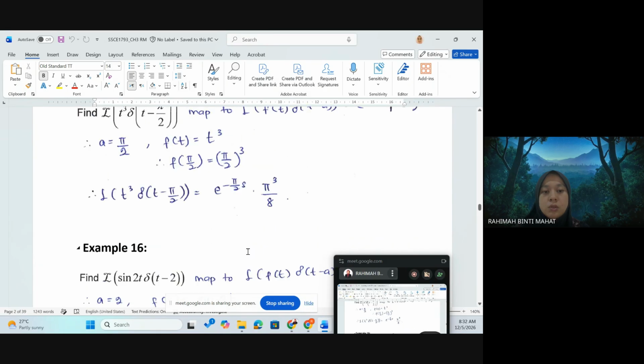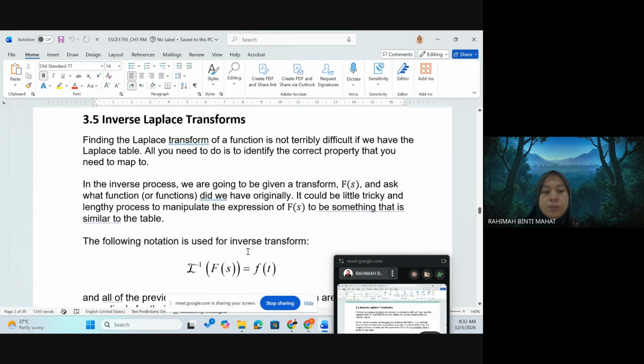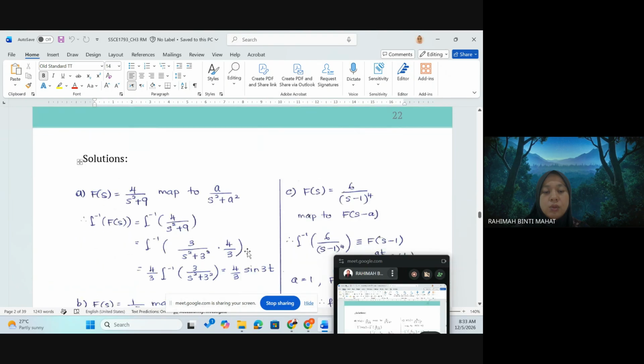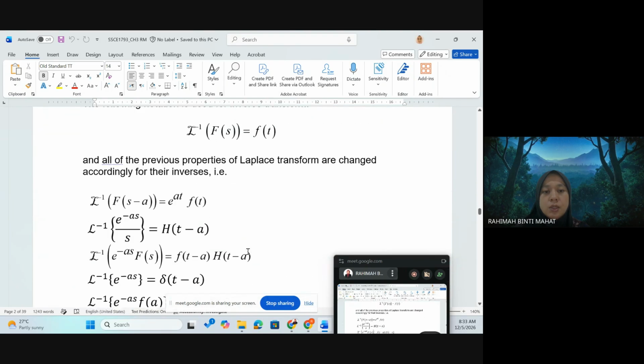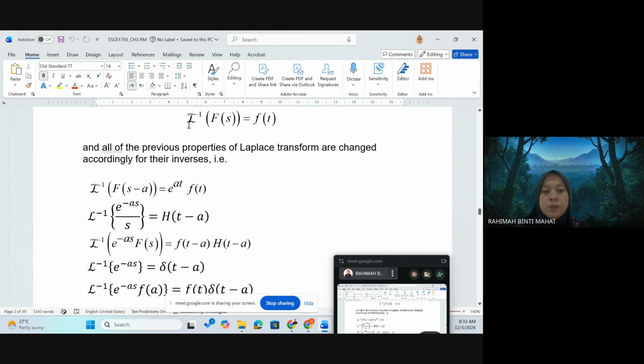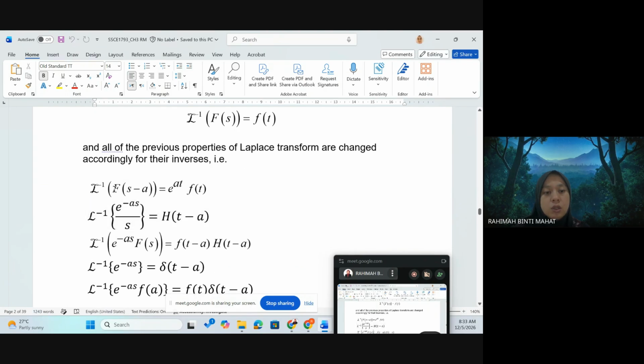Okay, so today we move to this one. Yesterday we already learned about the inverse Laplace transform, where for the inverse Laplace we have the Laplace power of negative 1 of capital F s, which means you want to find the small f t.